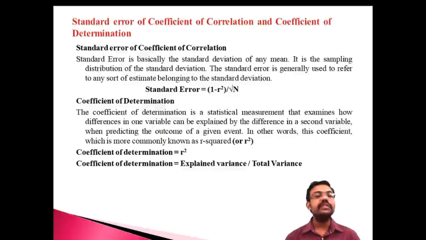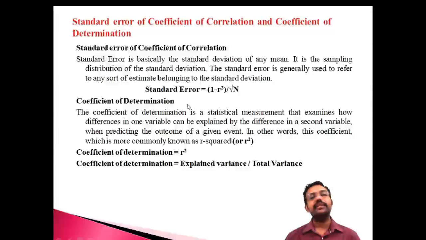The standard error is generally used to refer to any sort of estimate belonging to the standard deviation. It is the term used to find standard deviation related estimates: the standard error of the coefficient of correlation.